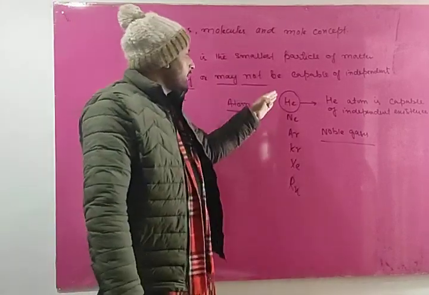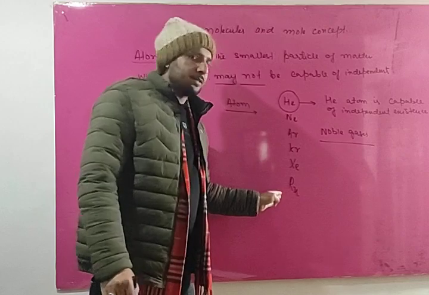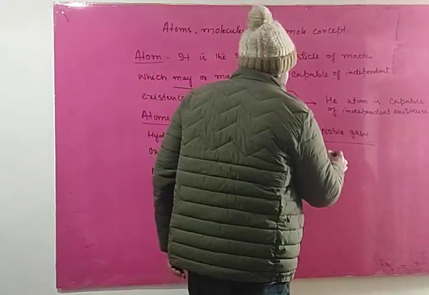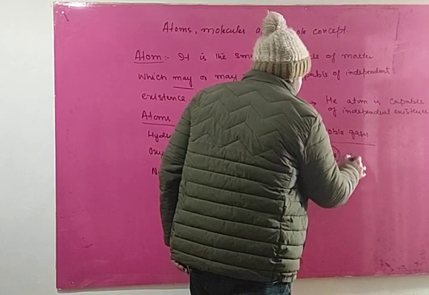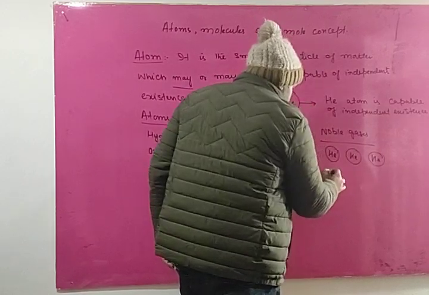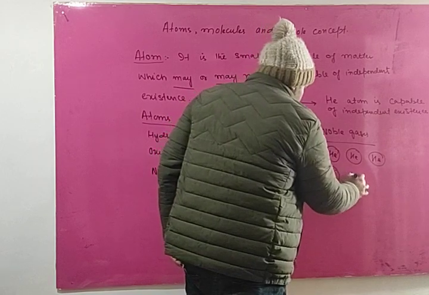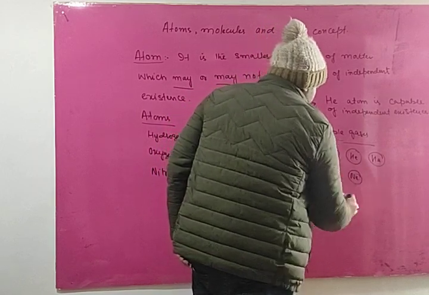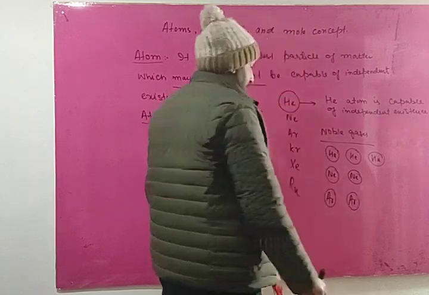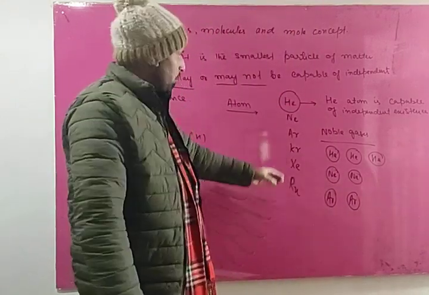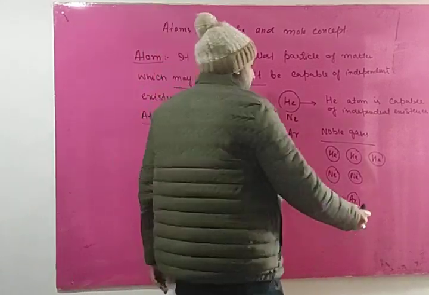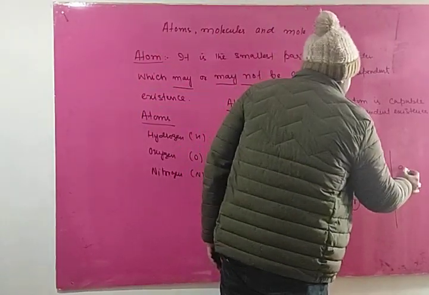So there are atoms which are independently existent. आपके पास अलग हीलियम एटम हो सकते हैं, सेपरेट हीलियम एटम्स, राइट? हमारे पास सेपरेट नियॉन एटम्स हो सकते हैं, राइट? हमारे पास सेपरेट आर्गन एटम्स हो सकते हैं और होते हैं. Since all these elements are gases, so definitely they exist as atomic gases.